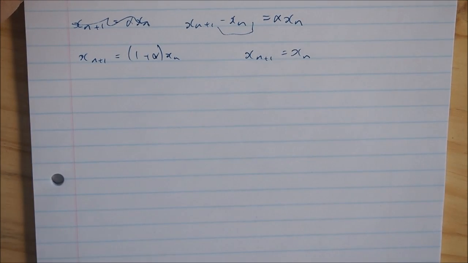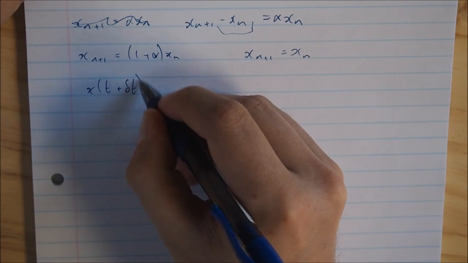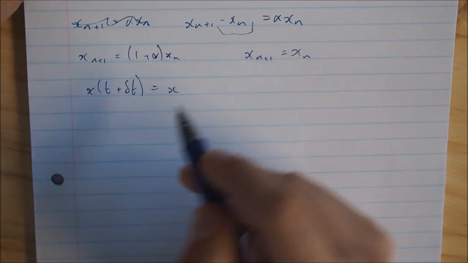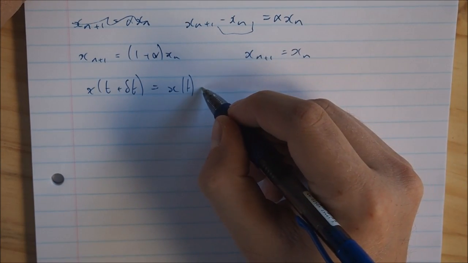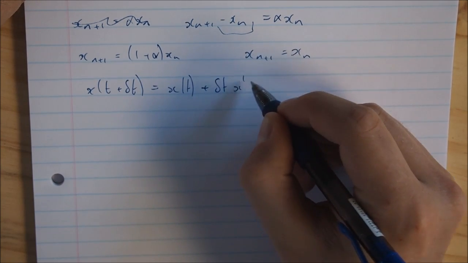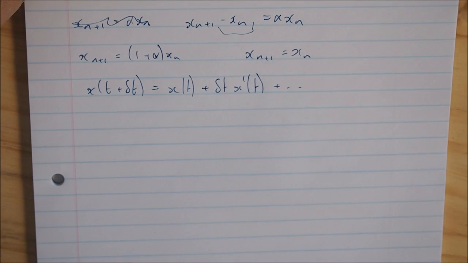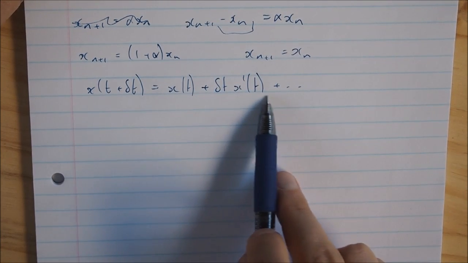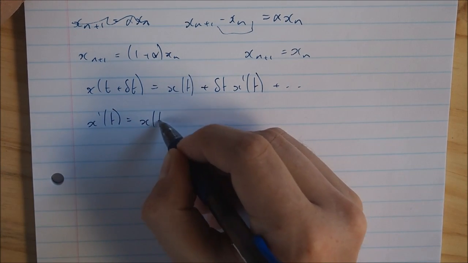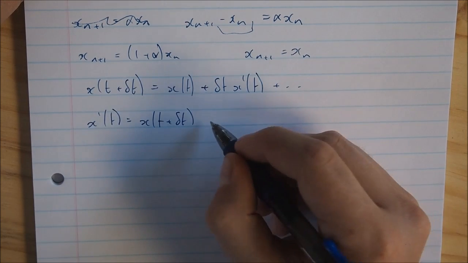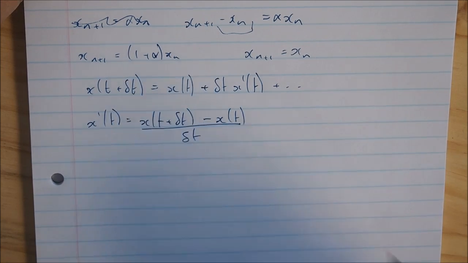And if we look at the Taylor expansion, x of t plus delta t, so if we Taylor expand a continuous function x around delta t, we're going to get x of t plus delta t x prime of t plus the rest of the series. And if we make this the subject of the formula, we get x prime of t is equal to x of t plus delta t minus x of t, all divided by delta t.